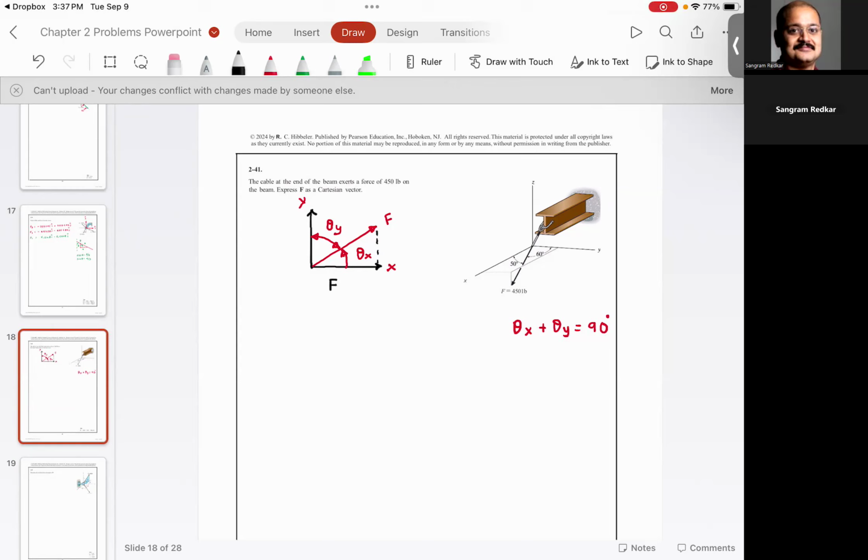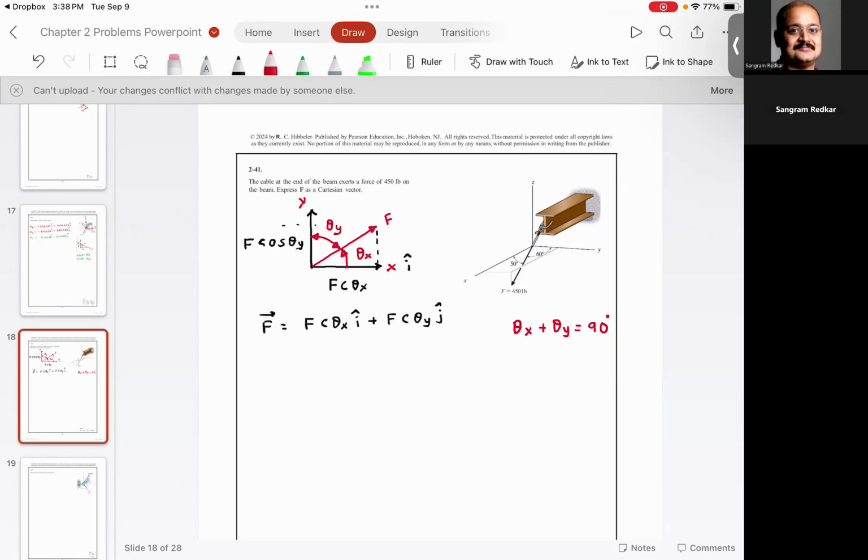This is going to be f cosine theta x, and this is going to be f cosine theta y. So this f can be represented as f cosine theta x I plus f cosine theta y J.